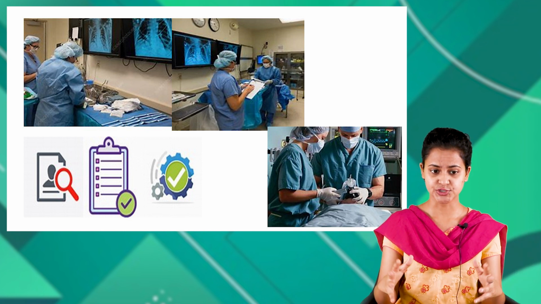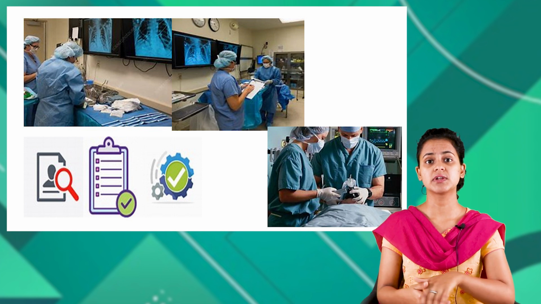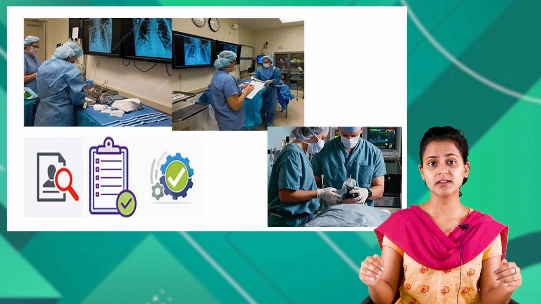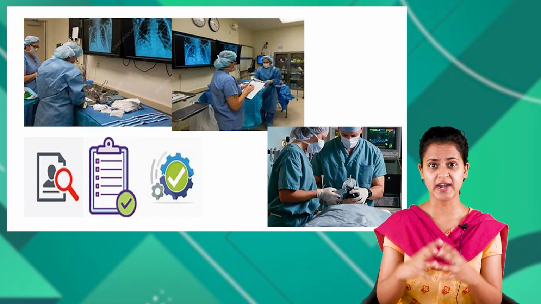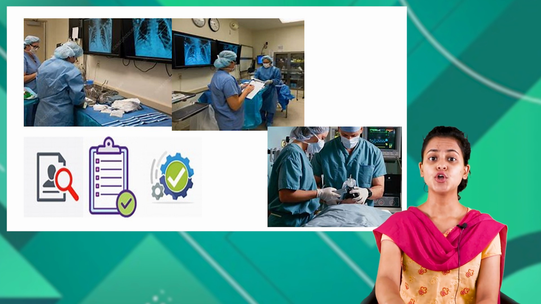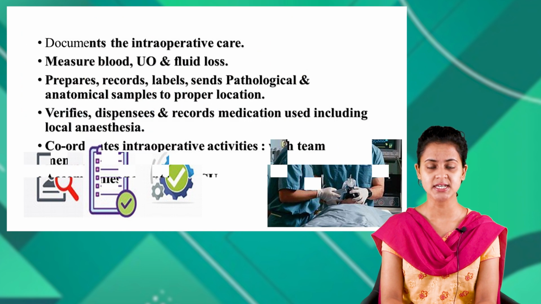Next, the circulatory nurse will be assisting in the induction of anesthesia, and will also assist the anesthesiologist if there is any need. They have a major role to monitor the draping procedure and all the sterile technique that is taking place inside the operation theater.